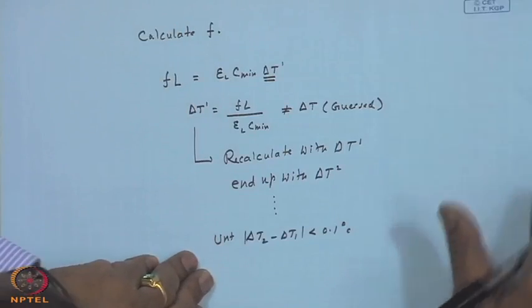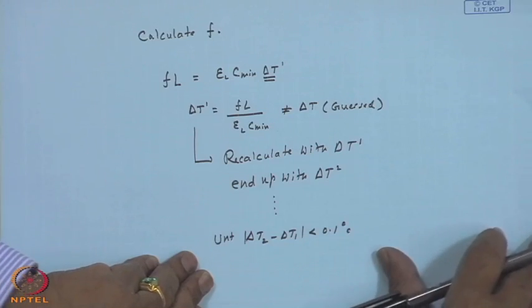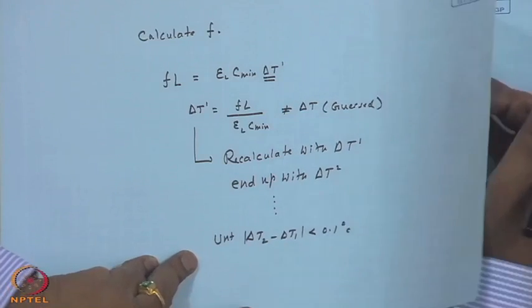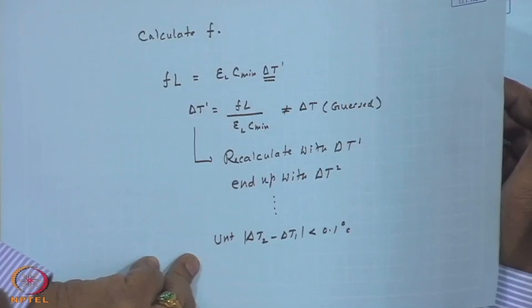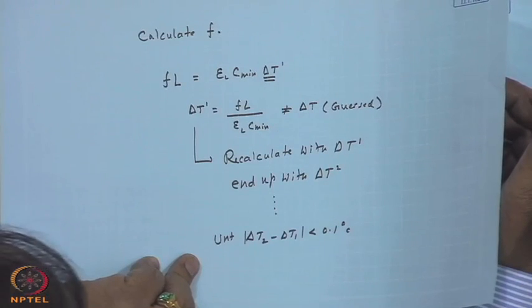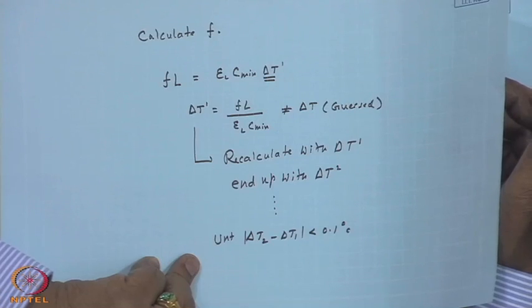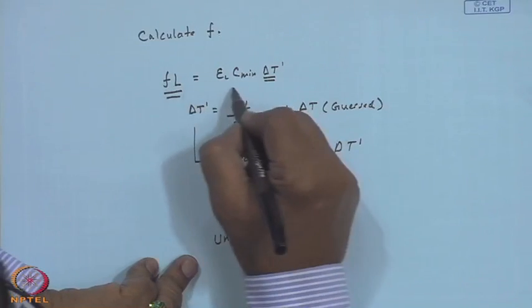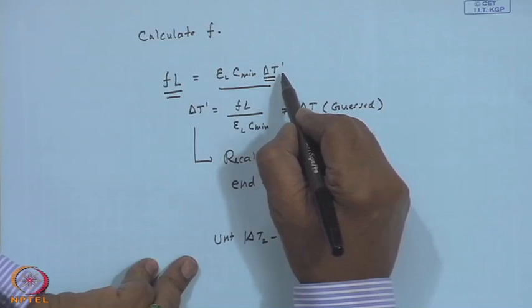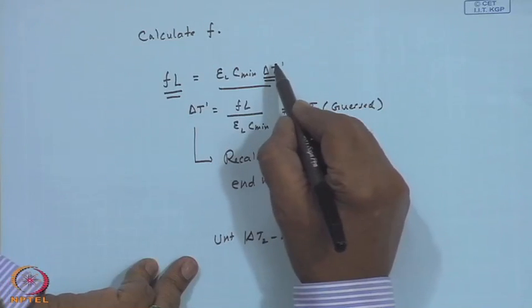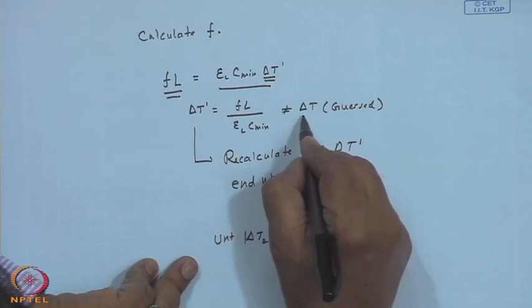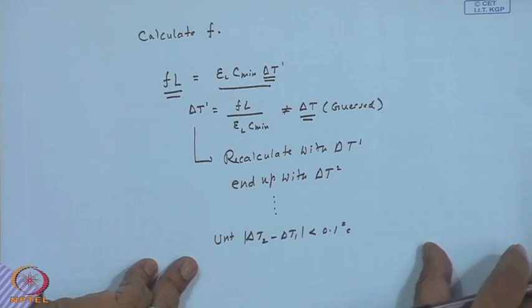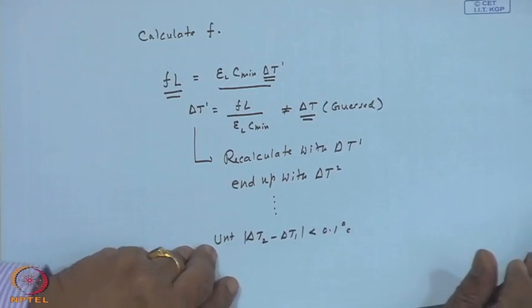Subsequently, if you want to take into account the heat exchanger effect, you assume that the heat exchanger is responsible for operating the collector at a higher temperature T minimum, which modifies my X C bar minimum, phi bar maximum, and hence F. So, the amount of energy delivered is F into L, that should be supplied by the heat exchanger, which calls for a delta T dashed, which may in general be not equal to the guessed delta T. So, you iterate upon these two values to come closer.